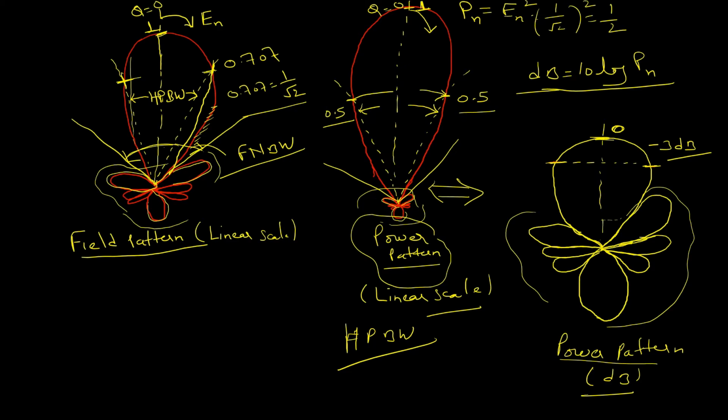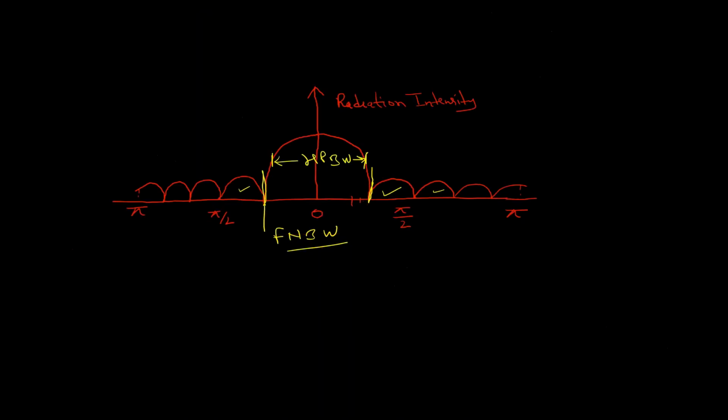So similarly, if we plot it here, we have plotted in linear scale. So this is the half power beamwidth, and this point is the first null beamwidth.